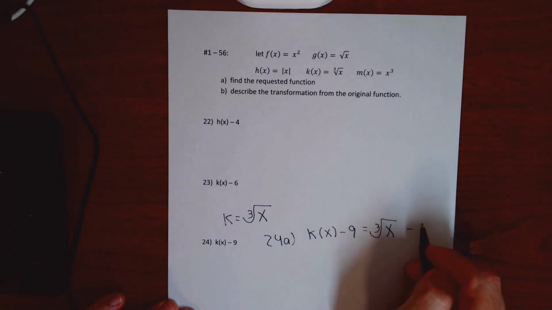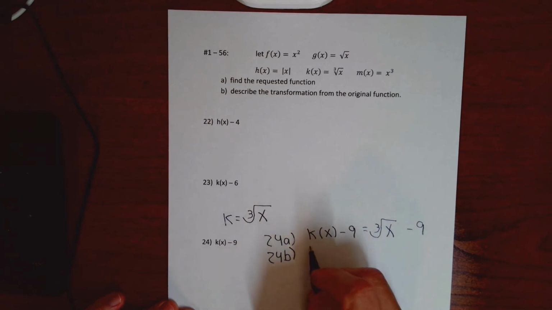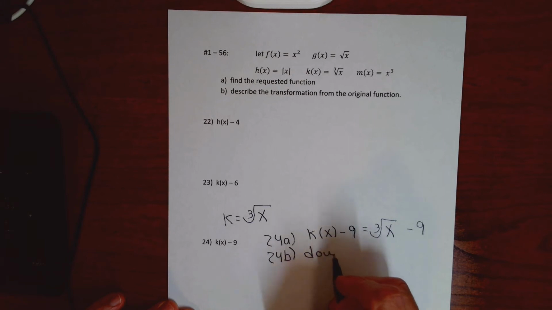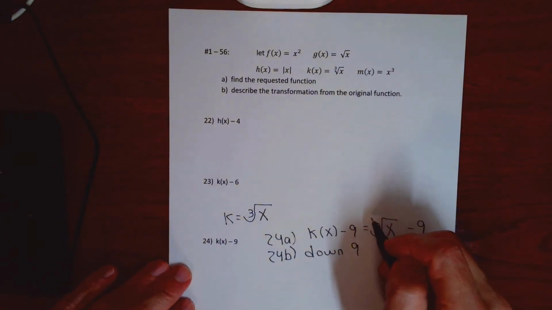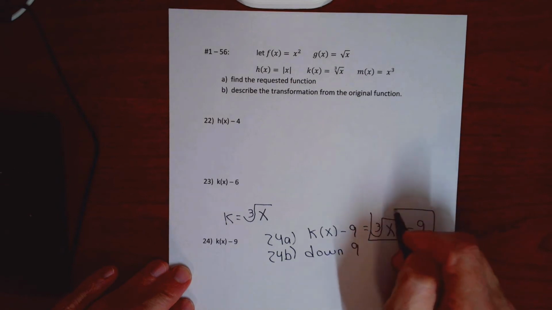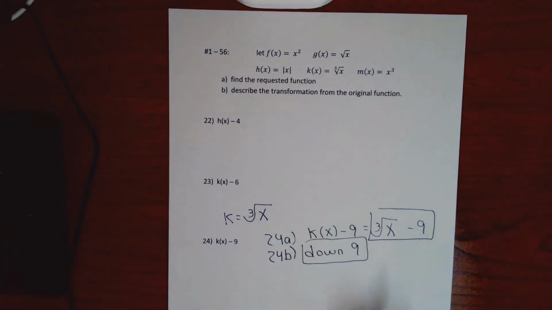Minuses that are after the function move the graph down. Pluses that are after the function move the graph up. So that would be all the answer that I would probably write. If this was a test, I'd probably write that for the part A and that for the part B.